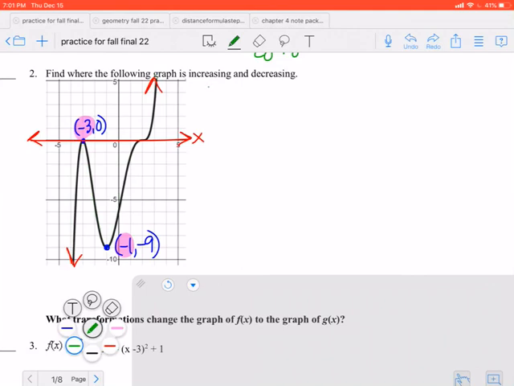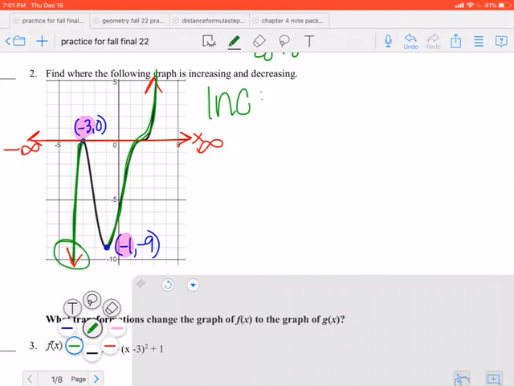All right, so increasing in 2 spots, here and here. And it's the x values. So on the left-hand side of our x-axis, we're increasing.